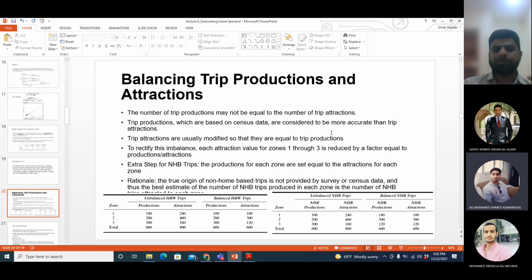But the number of trips produced is calculated from some other data set using some other method, and the number of trips attracted from some other data set, so you may see some variation between them. The number of trips produced may not be equal to the number of trips attracted. So then we need to apply some balancing.